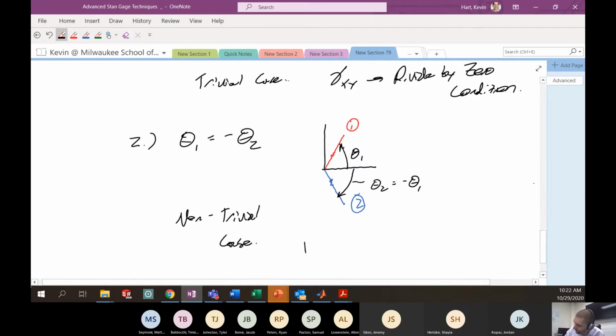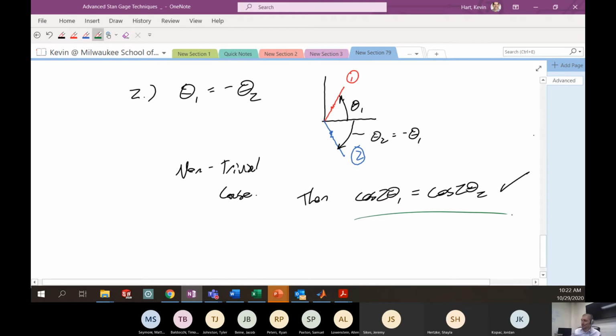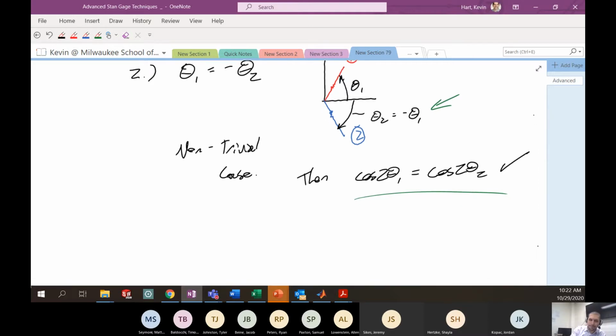All right, so then cosine 2 theta 1 is equal to cosine 2 theta 2, which is what we want, right? And that's because if you resolved this to the x-axis, they would both resolve to the same position. That's the cosine function for you. All right. So let's look at this case a little bit more in depth, where this angle theta 2 is equal to negative theta 1.